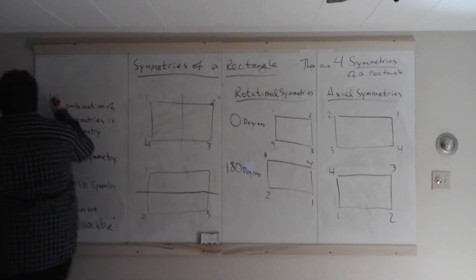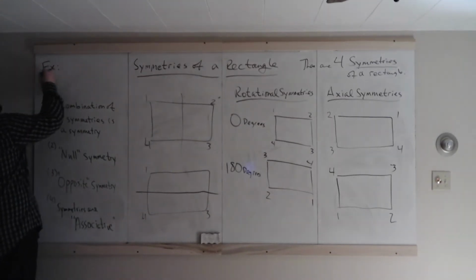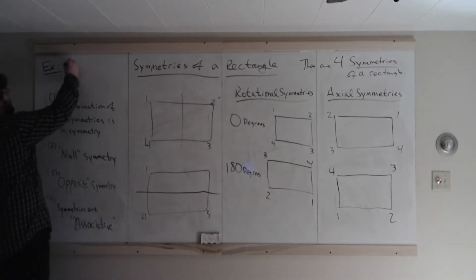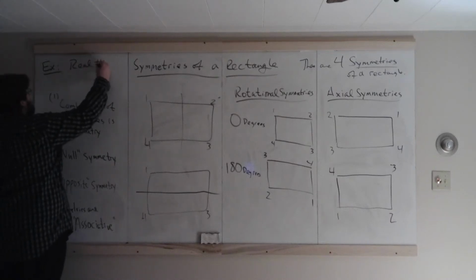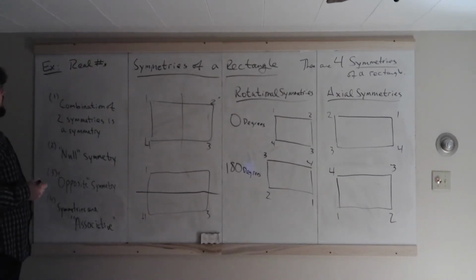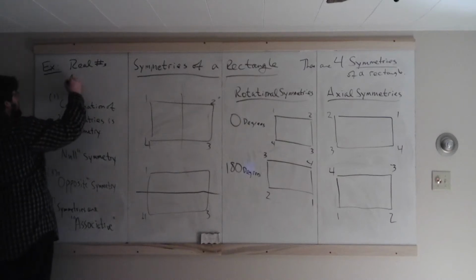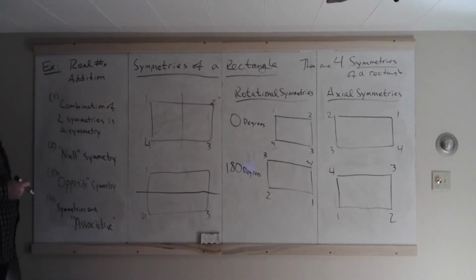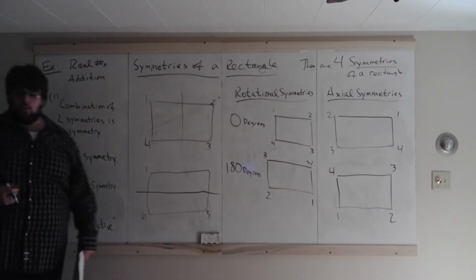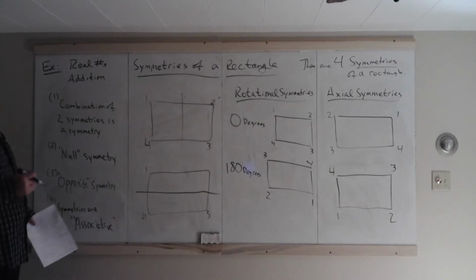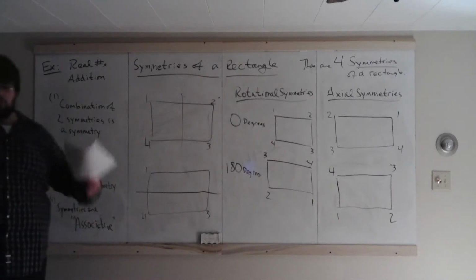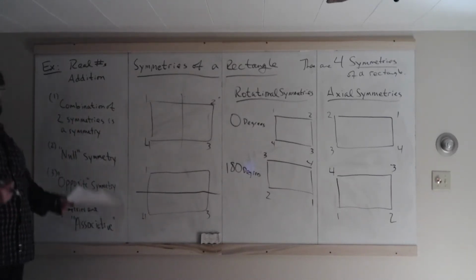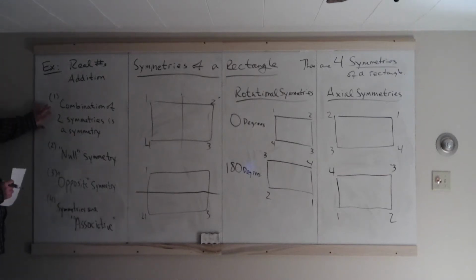Let's use, as an example, I'm not going to write all the details right now, real numbers, and let's use the operation addition. So here, instead of rectangles, we're going to work with real numbers. Instead of symmetries, maybe I'll say our symmetries are the operation addition. What do these properties look like with that? Combination of two real numbers gives us another real number.